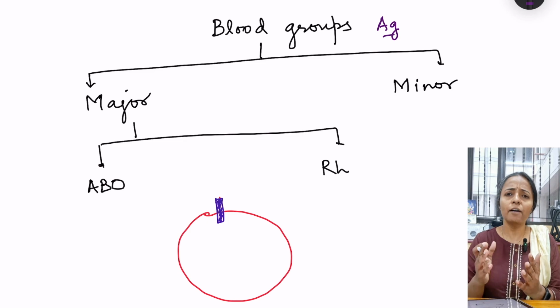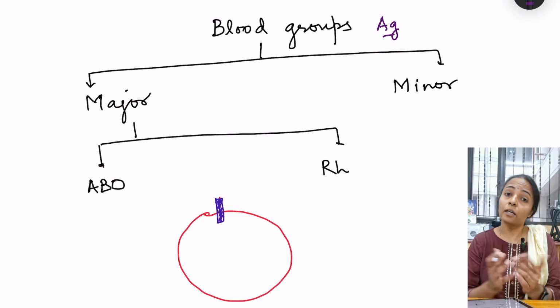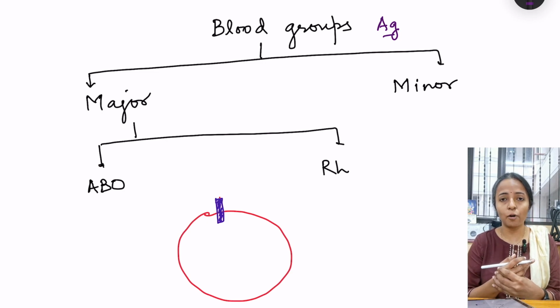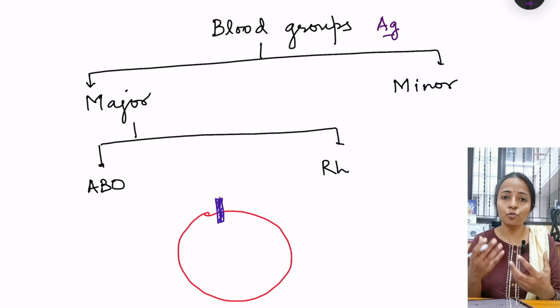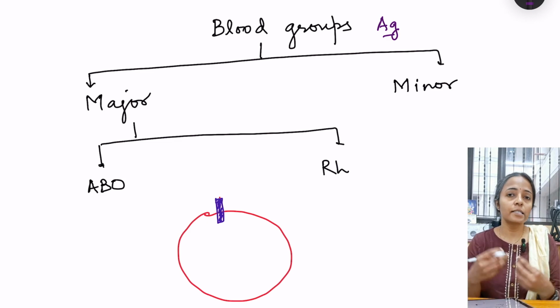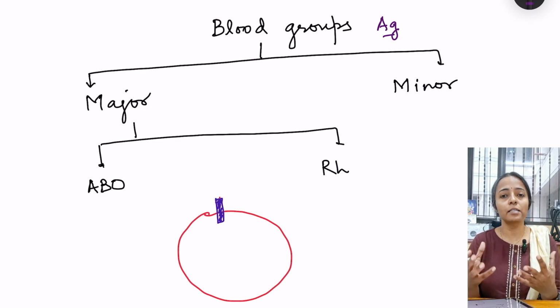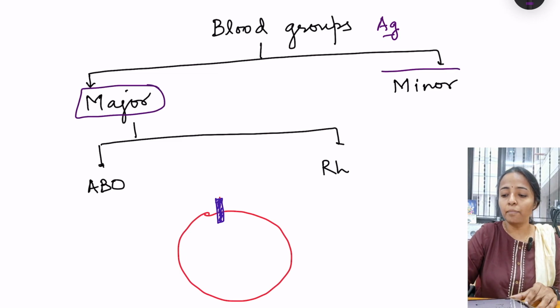Okay, we have more than 30 blood group systems that have been discovered, and there are many which have not been discovered till now as well, because these are just the antigens which are present on the RBC membrane, right? So based on whether these antigens can elicit immune response, that is, whether the antibodies can be generated and how much they are generated against these antigens, based on that we classify blood group systems into major blood group systems and minor blood group systems.